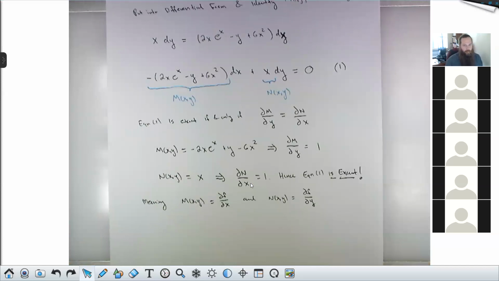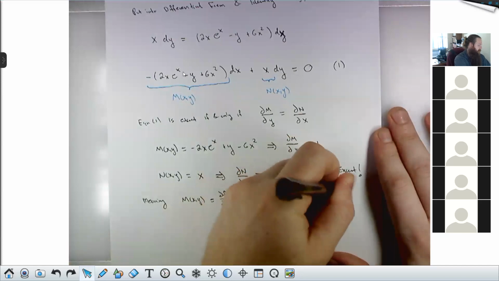And so I can begin working towards finding the function f by undoing this derivative. If m is df/dx, then the integral of m with respect to x should give me f up to an additive constant.